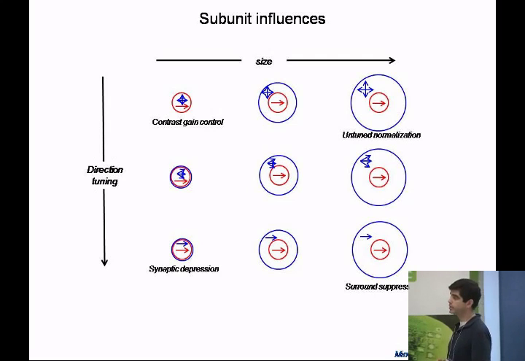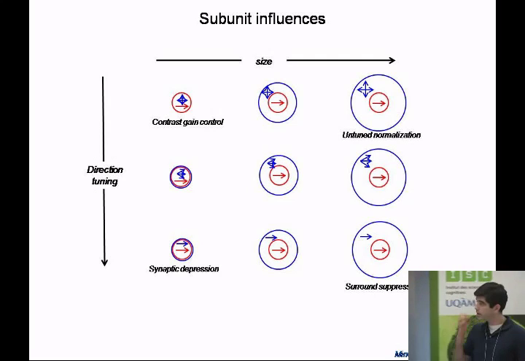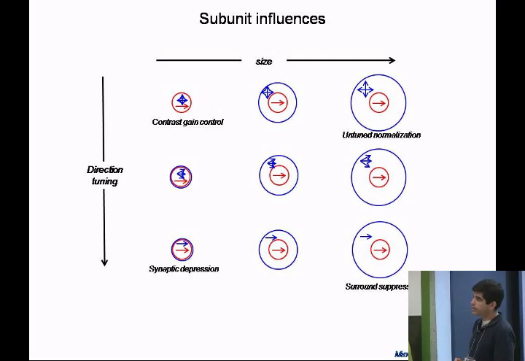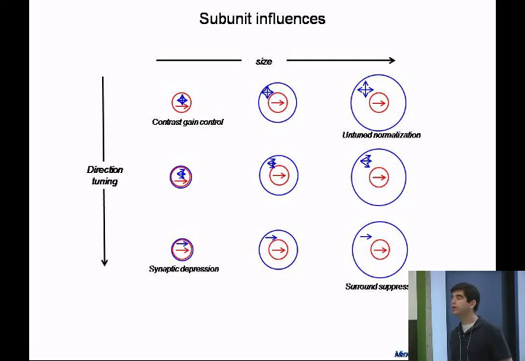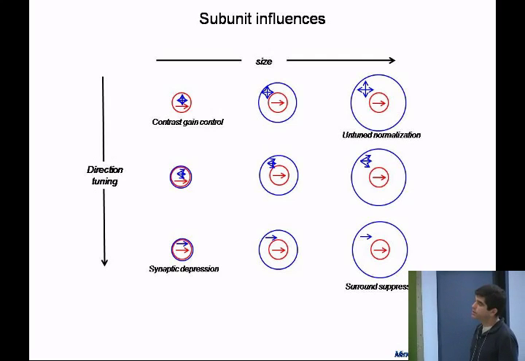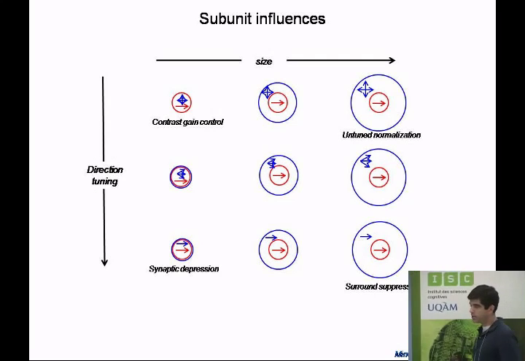And this would be an example of what's often called untuned normalization. Or you can vary the spatial extent of this input pool, so you could go from a very broad set of inputs, like we see with surround suppression, to something that's very, very local. And I've written here synaptic depression as an example of something like this. It's not technically a case where the cells are getting inputs from their neighbors. It's just a case where the output of a subunit will be much, much smaller than you would predict based on its pure feed-forward sensory properties, for the simple reason that when you really, really drive the subunit, it gets tired of firing, and it fires less than you would predict.